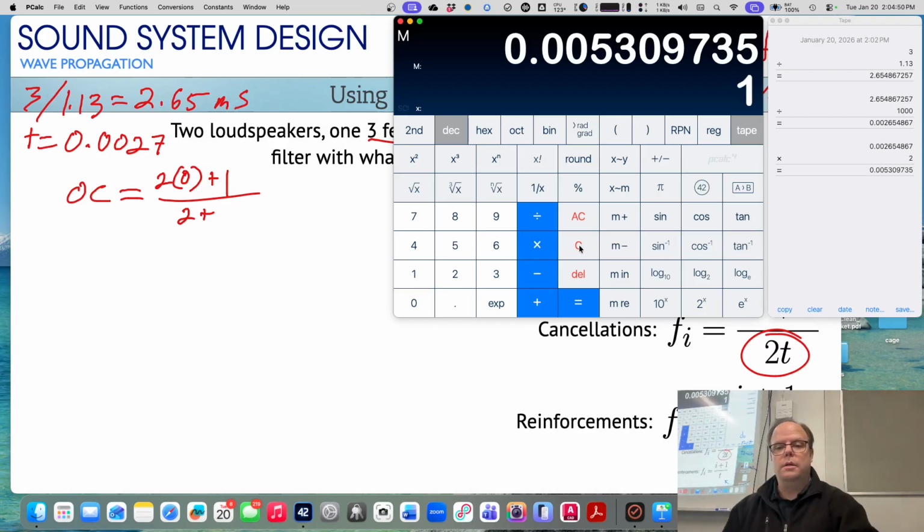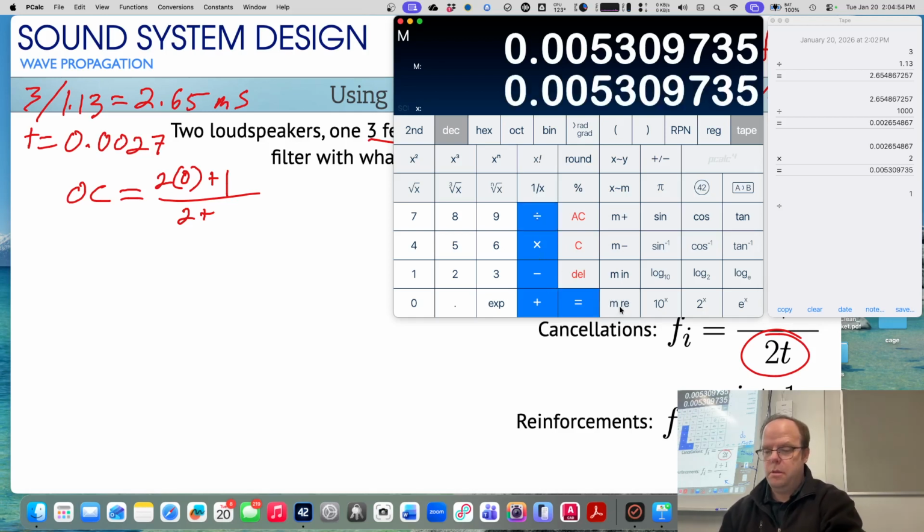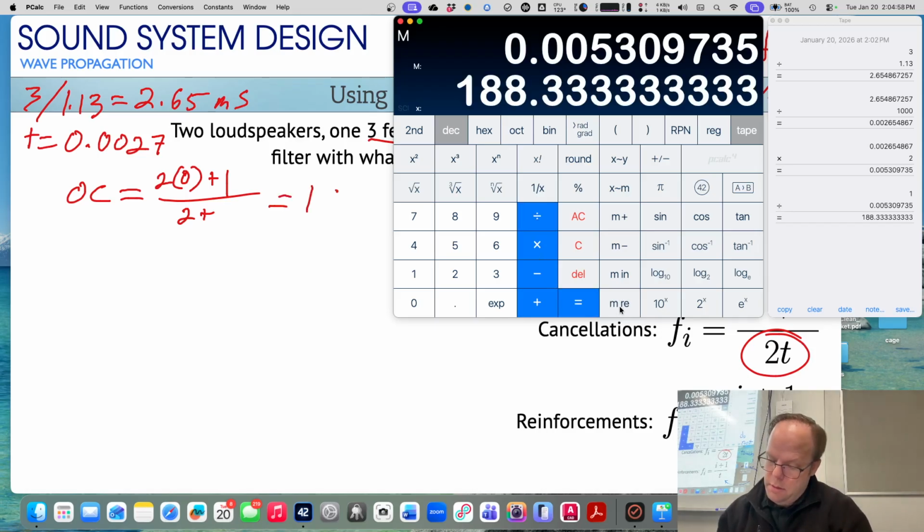So 1 divided by that number I remembered, I get 188.33 hertz. Did anyone else get that? Sam got that. Charlie got that? Okay, we must be right.